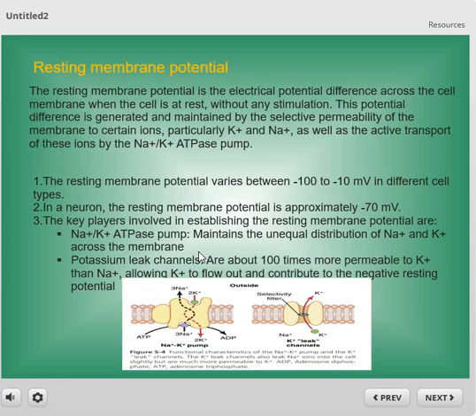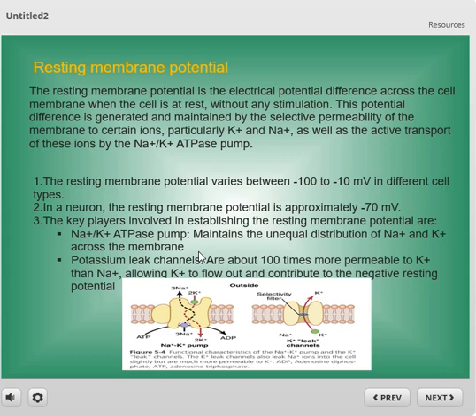Okay, let me explain more about the resting membrane potential, or RMP. The resting membrane potential is the electrical potential difference across the cell membrane when the cell is at rest without any stimulation.